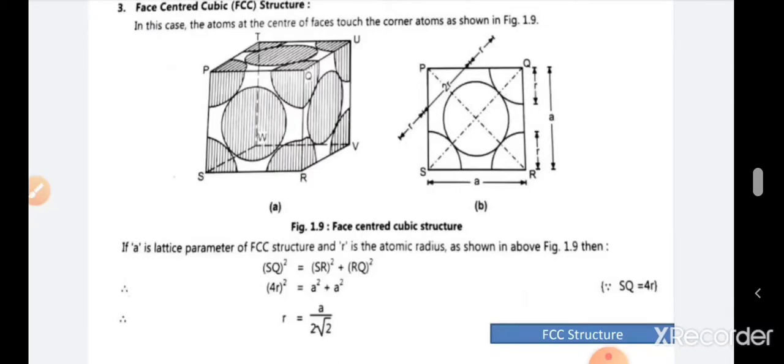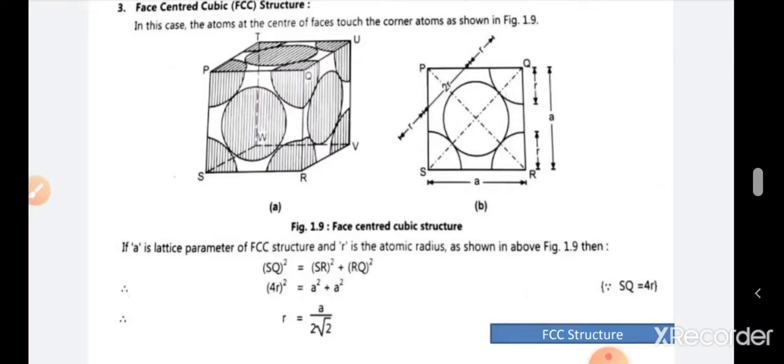We are going to apply the Pythagoras theorem for triangle SRQ. That's why we get the first line, SQ square is equal to SR square plus RQ square. SQ is a diagonal of the cube and SR and RQ are the sides of the cube.